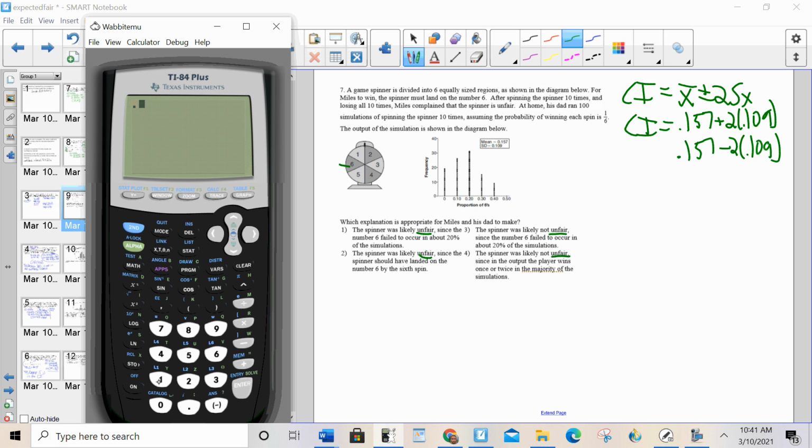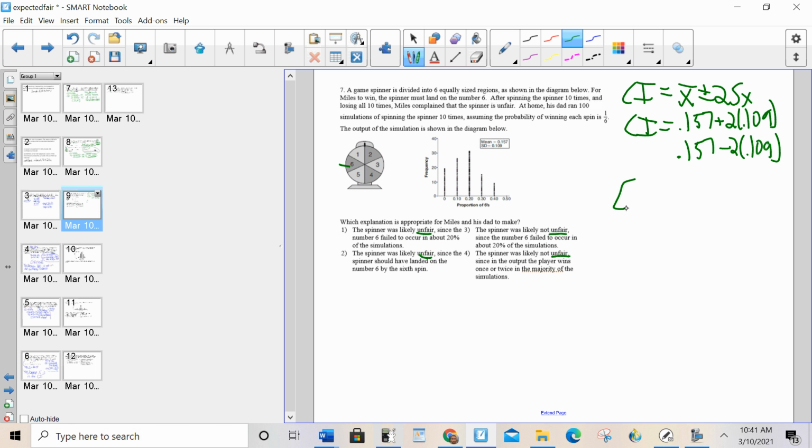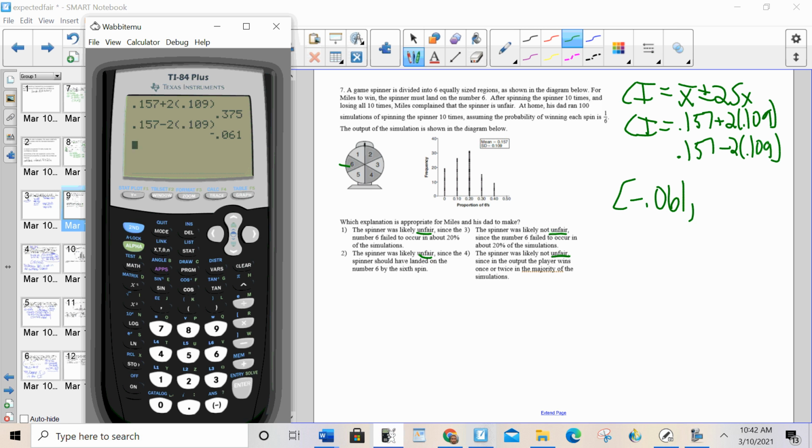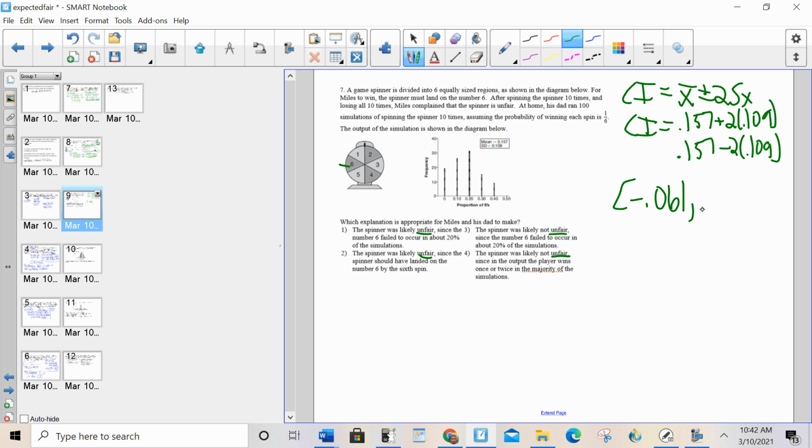So, 0.157 plus 2 times 0.109, and then the minus. So I got negative 0.061 to 0.375. So let's talk about what we just found.